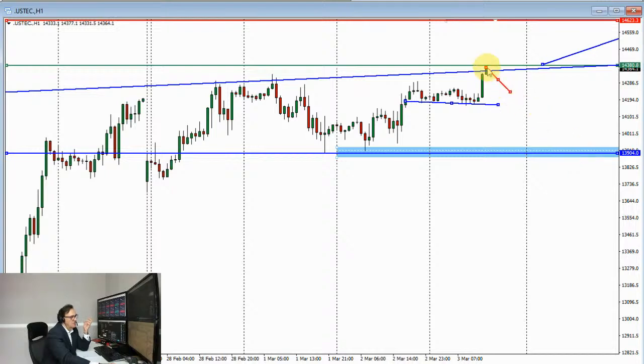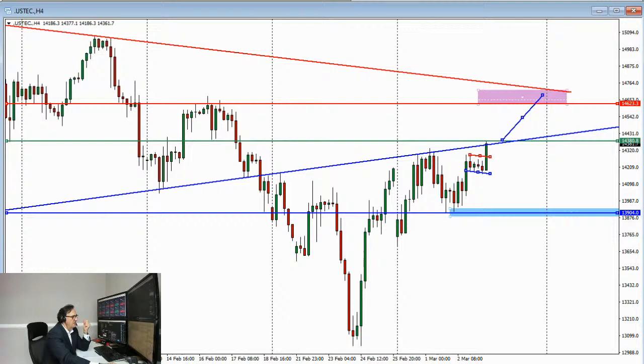So this is not triggered just yet, because if we see a breakout like so, and then a little retest from above, then all bets are off. This is no longer a shorting setup.